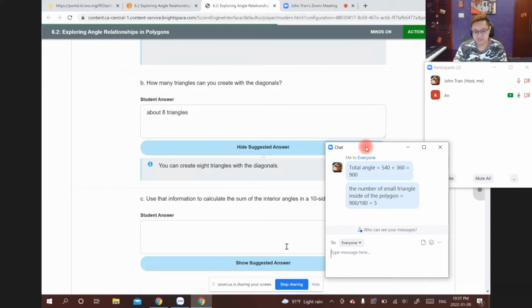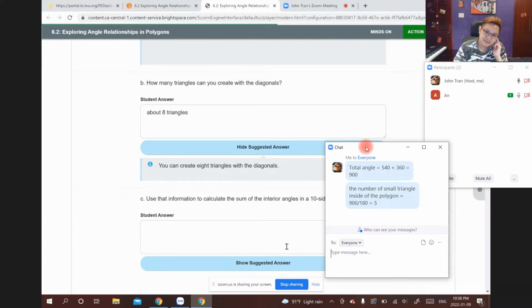Use that information to calculate the sum of the interior angles in a 10-sided polygon.